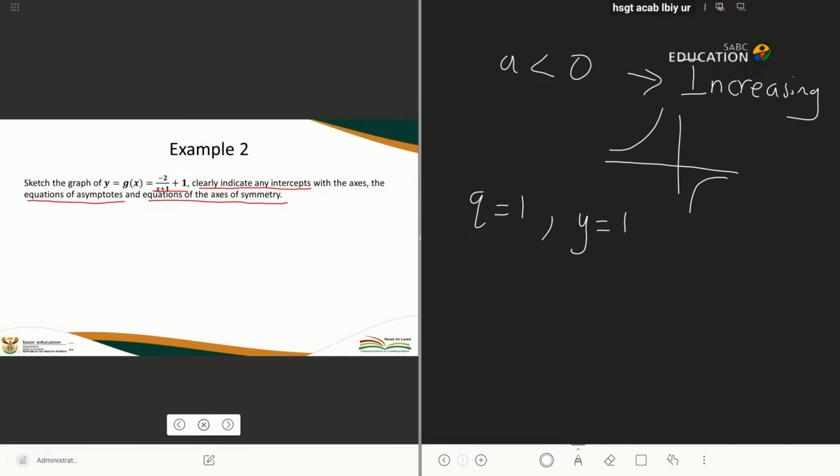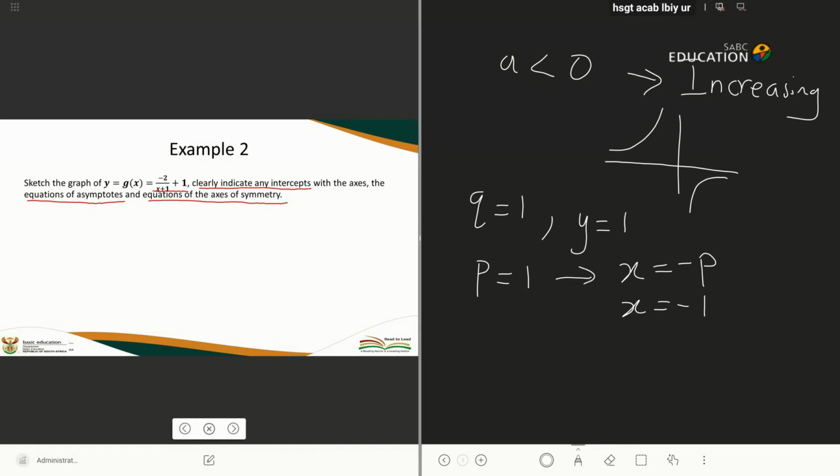And then we can clearly see that our p is equal to 1. We know the equation of the vertical asymptote is given by x equals negative p. So we substitute p there, and we'll have x equals negative 1. Those are the things that we can get from just the equation.